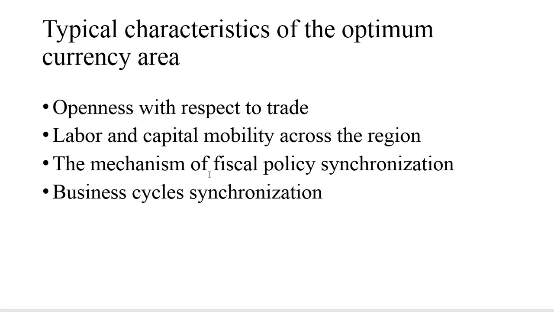When it comes to the mechanism of fiscal policy synchronization, it's suggested that there is some efficient mechanism of direct transfers which are used in order to prevent asymmetric shocks and business cycle asynchronization.